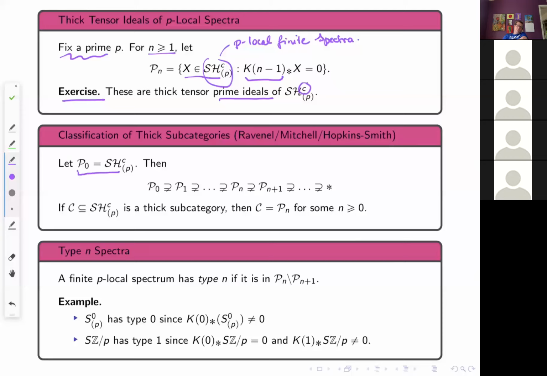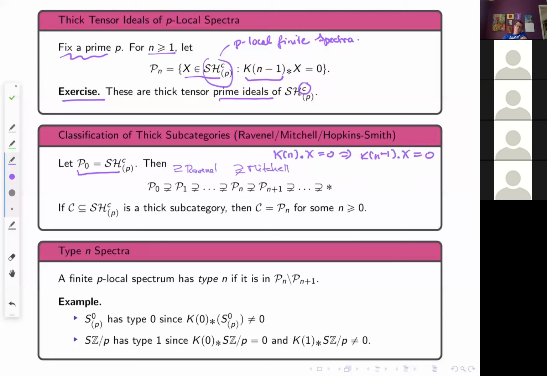This is just the fact that if Kn star of X is 0, then so is K(n-1) star of X, which we mentioned before for X finite. These inclusions, that's Ravenel. The properness, that's Mitchell. He constructed examples that were in, say, Pn but not in Pn plus 1.